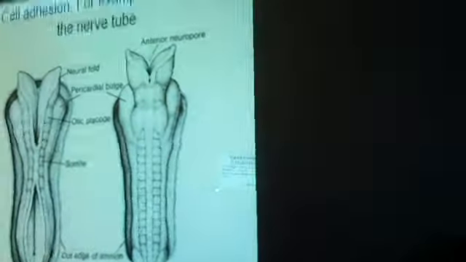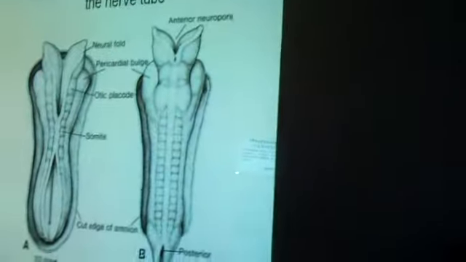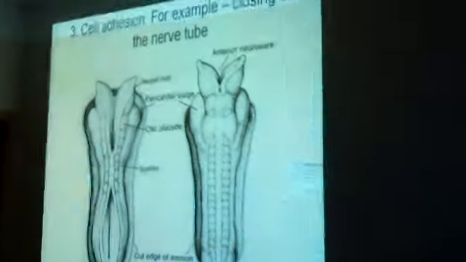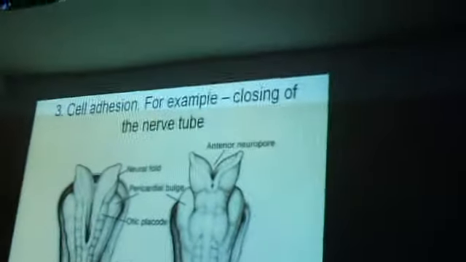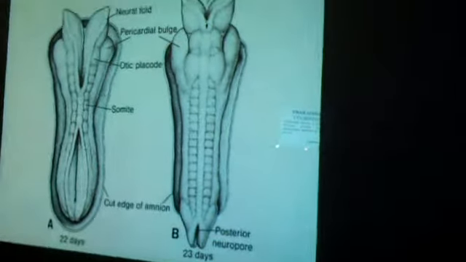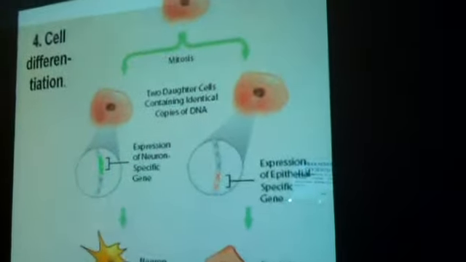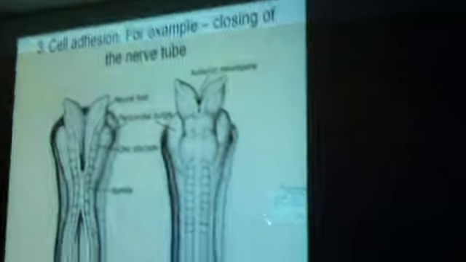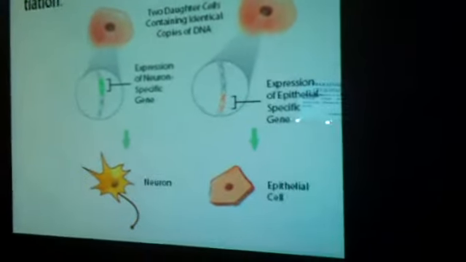Number 3, cell adhesion. For example, neural tube. First is neural plate, then cells can contact and we form a normal neural tube. Cell differentiation: you can see that first cell, then different genes are expressed.